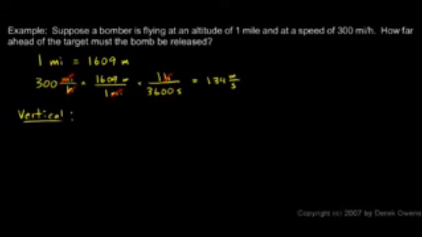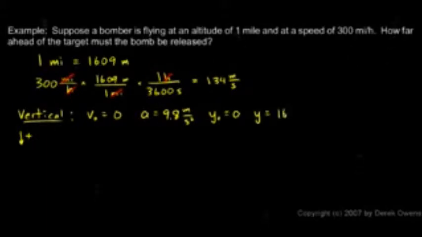So vertically, this is what I know. V0, the initial velocity, vertically is 0. The plane's flying horizontally. The acceleration will be 9.8 meters per second squared. This is assuming that down is the positive direction. And then I can say the initial position is 0 and the final position is 1,609 meters.